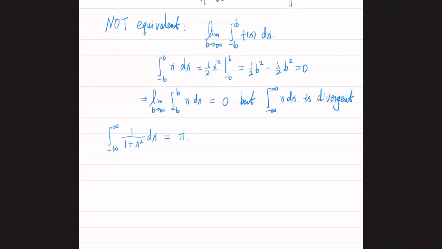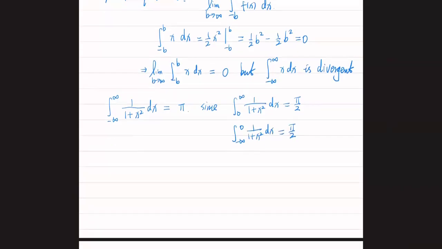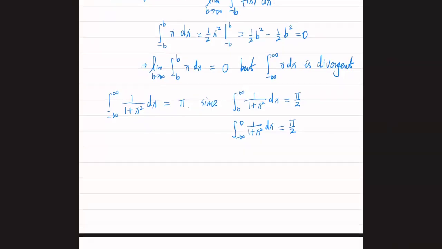Okay, so we can check. So that's the first type of generalization. We allow the domain to be infinite, to be unbounded.